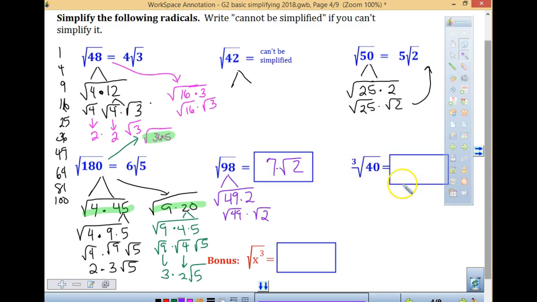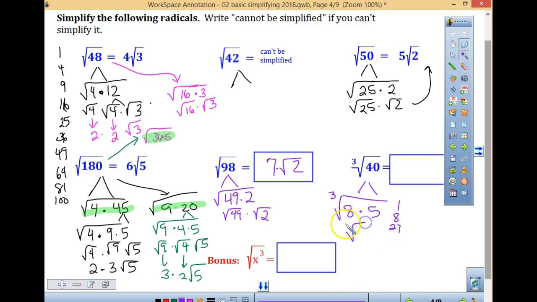Okay, so now we're looking at the cube root of 40. So again, with those cube roots, if you need to, list those first cubes, right? So we have 1, we have 8, we have 27. Which one is it probably going to be? It goes into 40, right? So when we look at this, again, if it helps you to list those, we are going to have the cube root of 8 times 5.